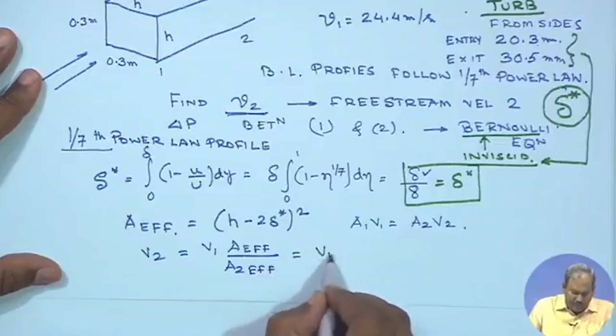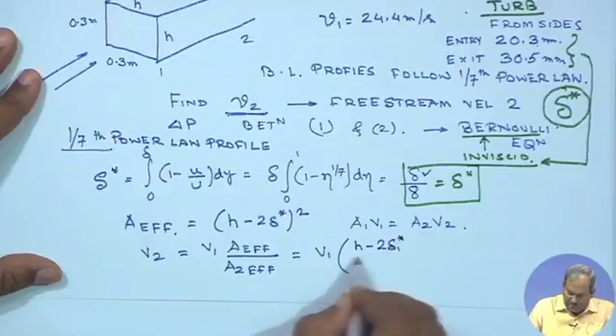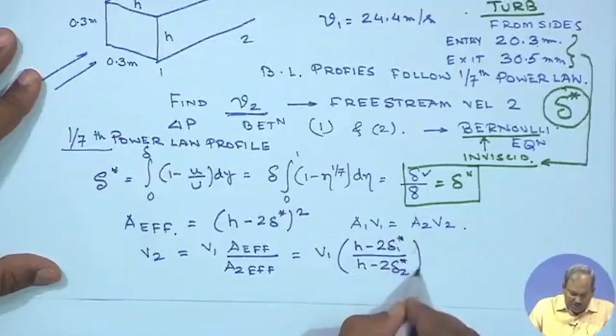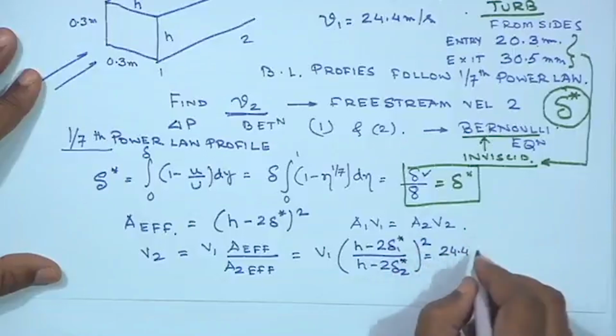So, this would be V1 times (H minus 2 delta 1 star) by (H minus 2 delta 2 star) whole square, which would be equal to 24.4.